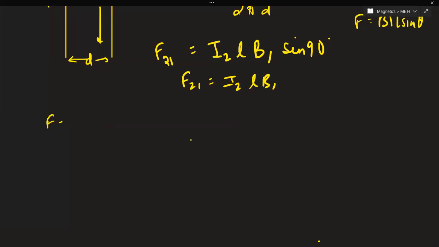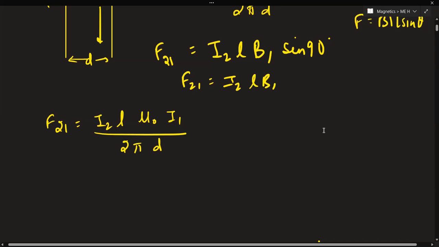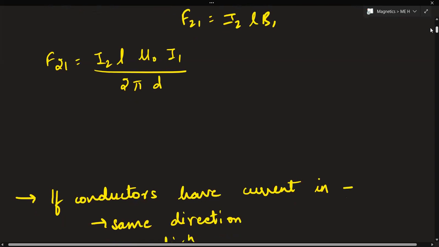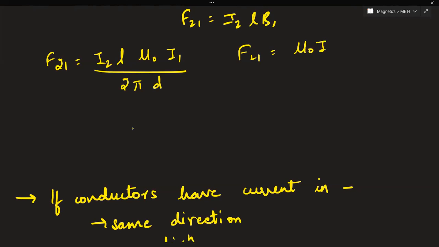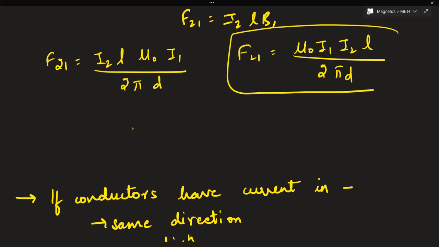F21 will be equal to I2 L, and instead of B1, you will write mu naught I1 divided by 2 pi d. This is the force on the second conductor due to the first one. So you can write this as mu naught I1 I2 L divided by 2 pi d. This is the formula for the force on the second conductor with respect to the first one.